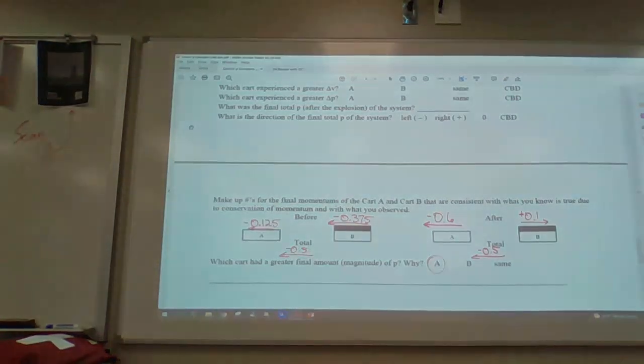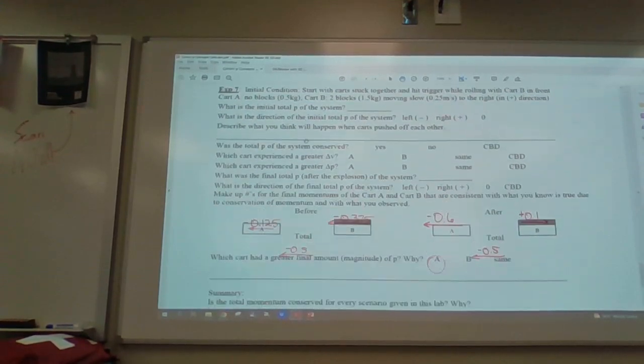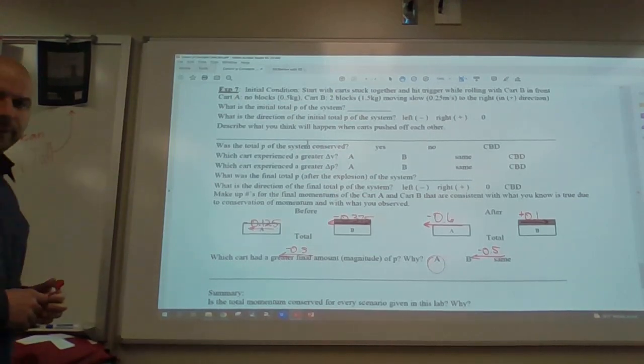Okay, experiment 7 is the same thing. We're just going to the right instead of to the left.